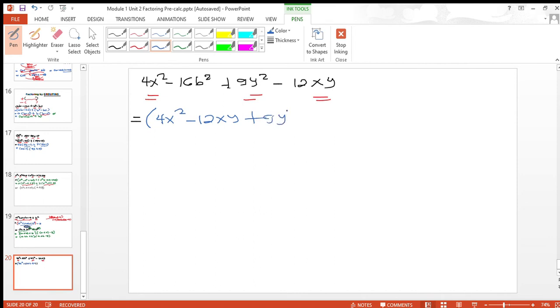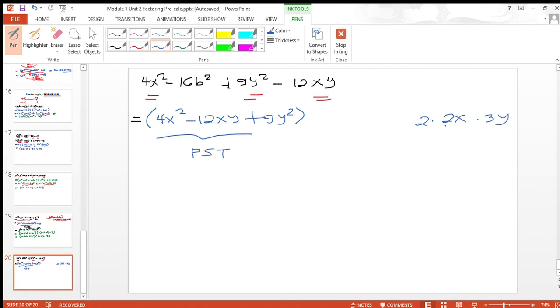Okay, so before we proceed, if we group those terms together, are we producing a perfect square trinomial? Square root of 4x squared is 2x. Square root of 9y squared is 3y.